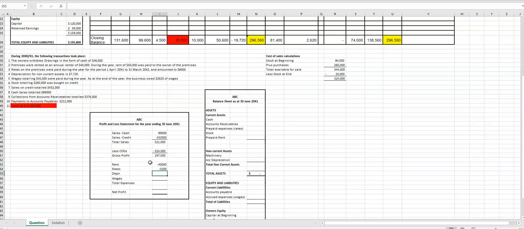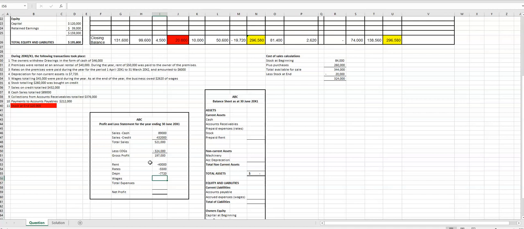Now we also calculated depreciation. So our depreciation was 7,720. So we need to make sure that's subtracted. And with wages, now looking at the wages transactions in our worksheet, we have 45,000 for wages for the year.